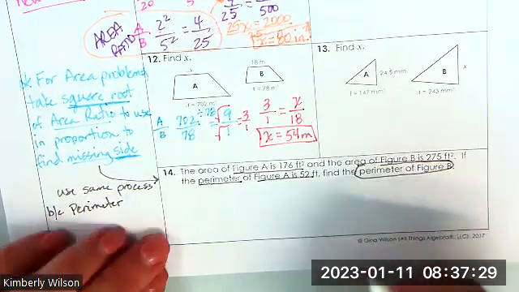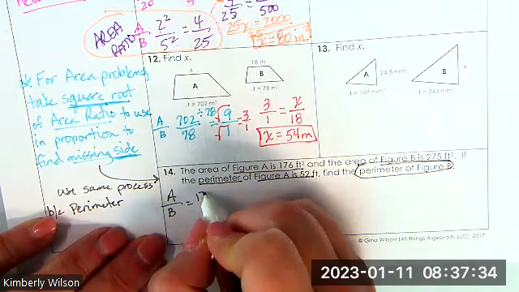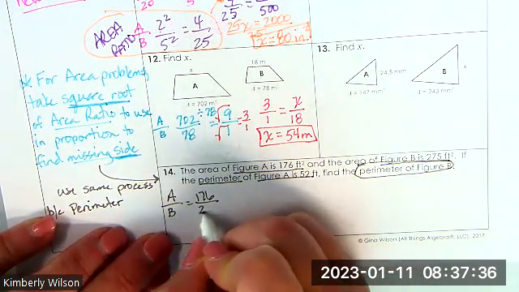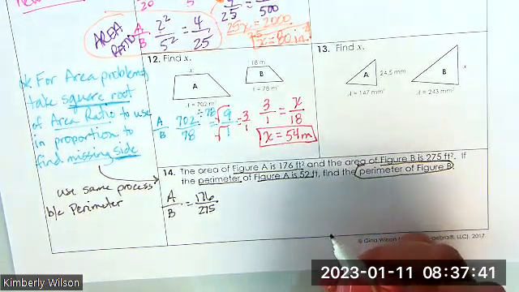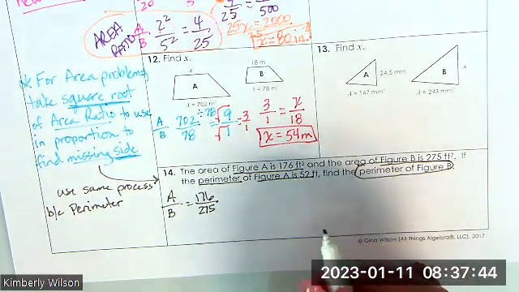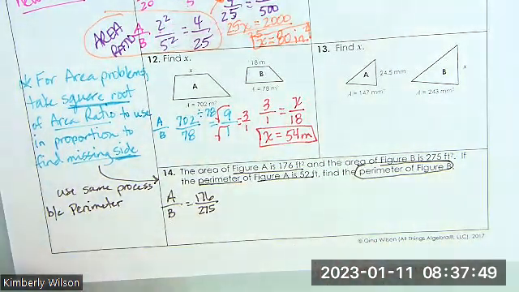So that means I've got to take, and I'm going to do A over B. So that's 176 over 275. And I'm going to see if I can simplify that. It can't be 25. Can't be 5. 176 divided by 4. 275 divided by 4. That's not going to work.